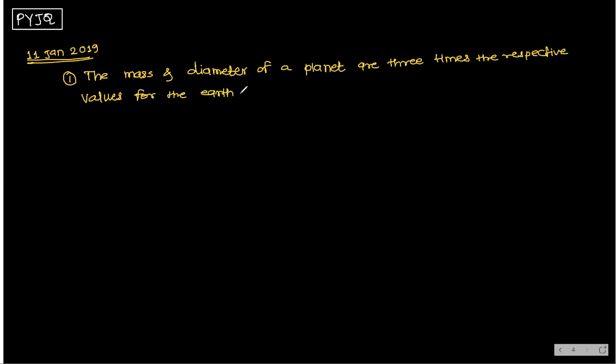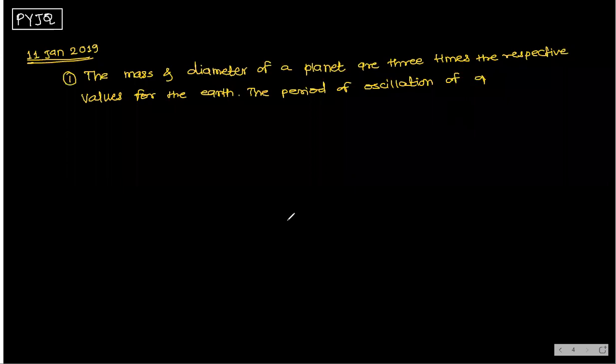The period of oscillation of a simple pendulum on the Earth is 2 seconds.